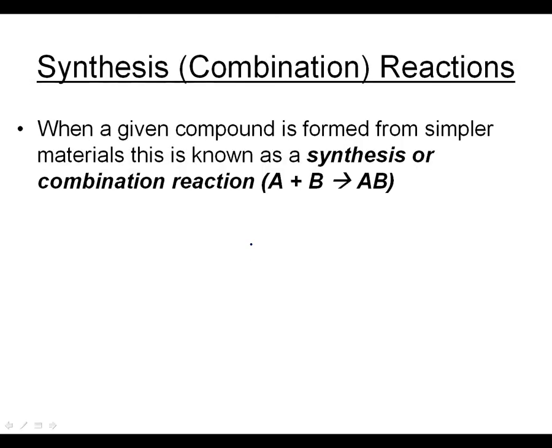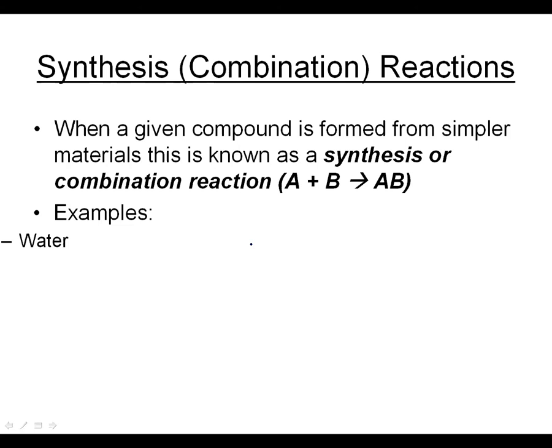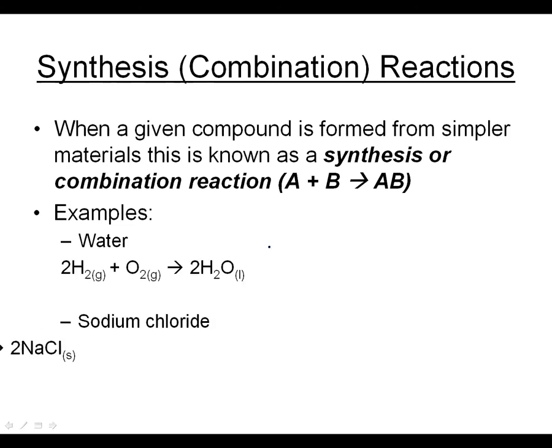So let's talk about one way that you can classify a reaction. The first type of reaction is a synthesis or combination reaction. And in a synthesis or combination reaction, the general formula is right here. It's basically two things make one. So you basically put it together.